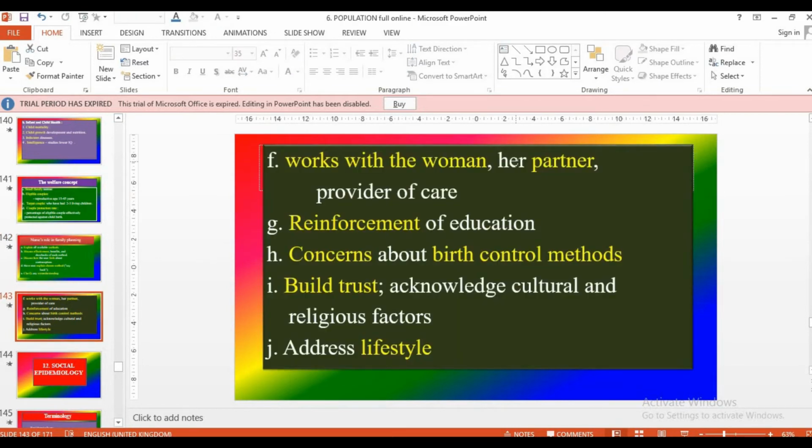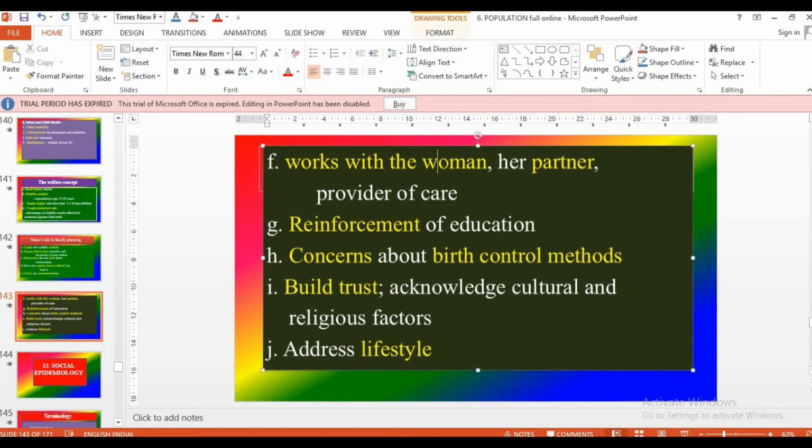F, work with the woman and her partner, as a provider of care. It means educating both husband and wife.